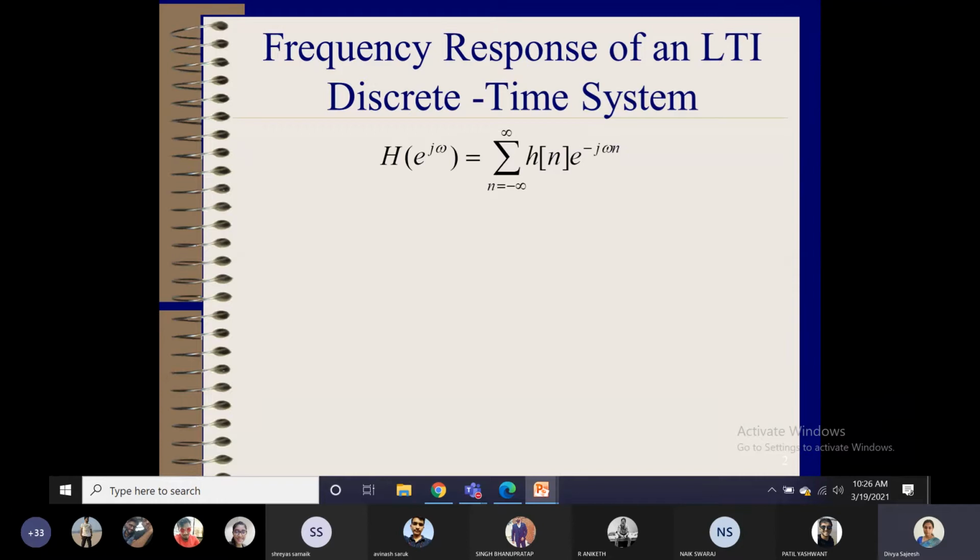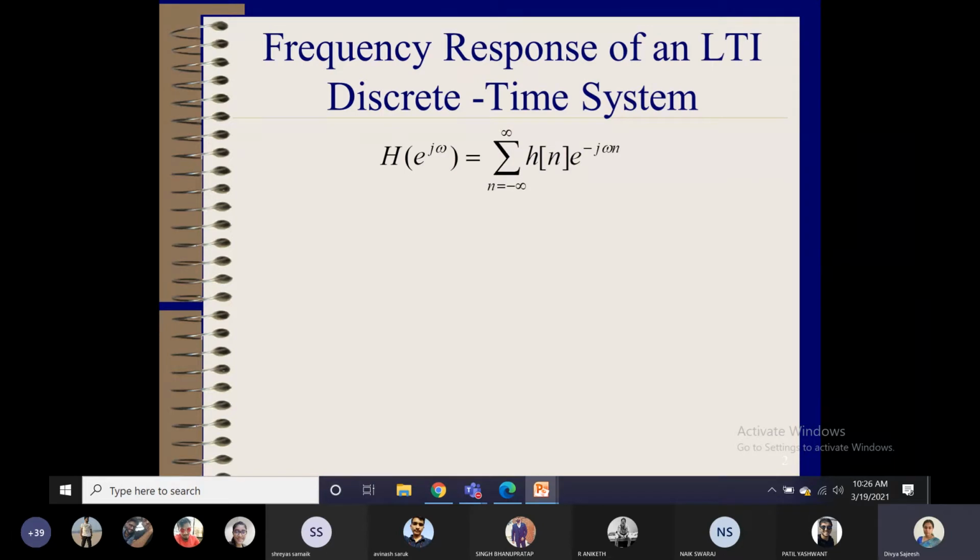Even separately, we learned how to get the steady state response and the transient response, or without applying initial conditions, what is the behavior of the system with input applied, and finally the actual behavior of the system, which includes both the initial conditions and the input. So that will be the actual behavior of the system. So we analyzed all these solutions for the system in the Z domain.